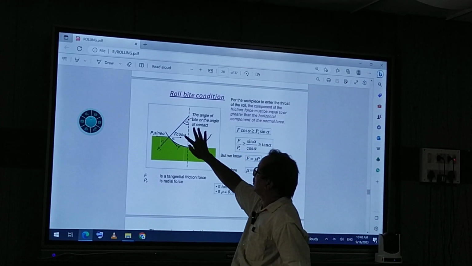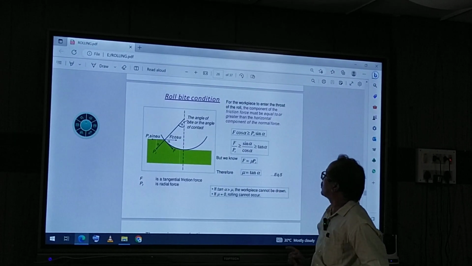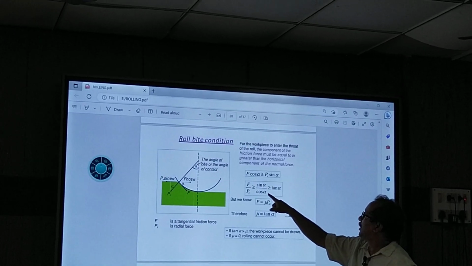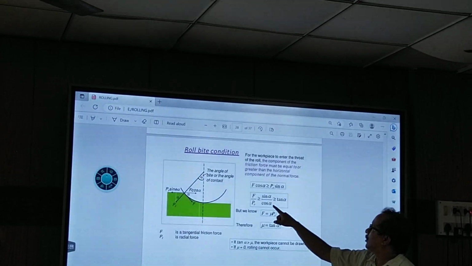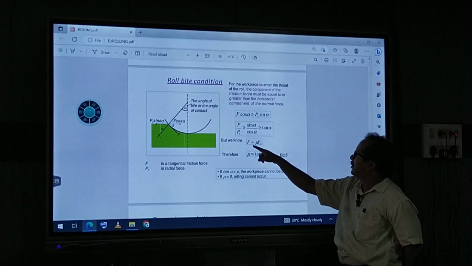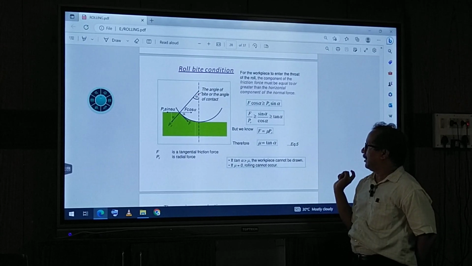This force should always be greater than the resolved force. Then F by PR, that is sin alpha by cos alpha, is equal to tan alpha. So F by PR is tan alpha. F is equal to mu PR. So mu is equal to tan alpha.